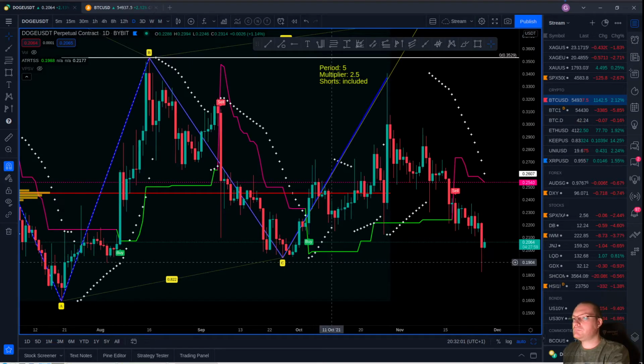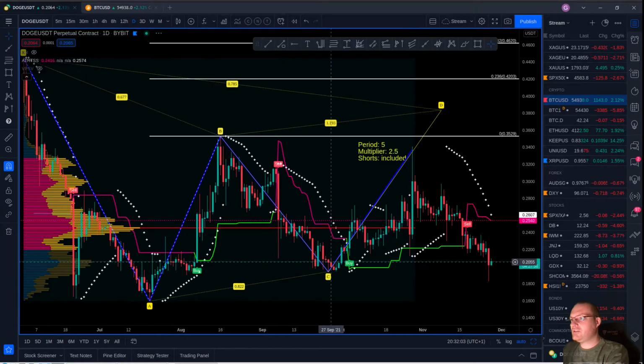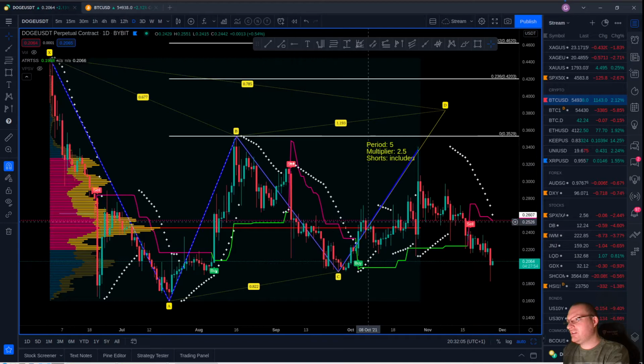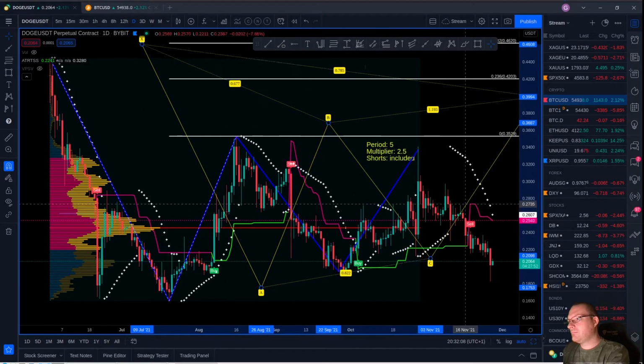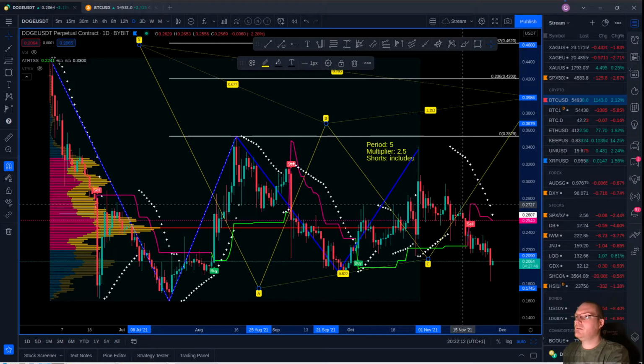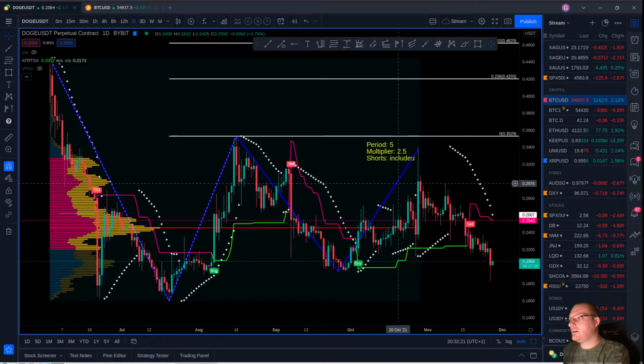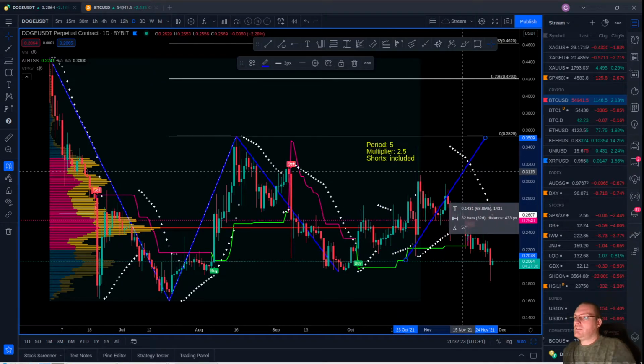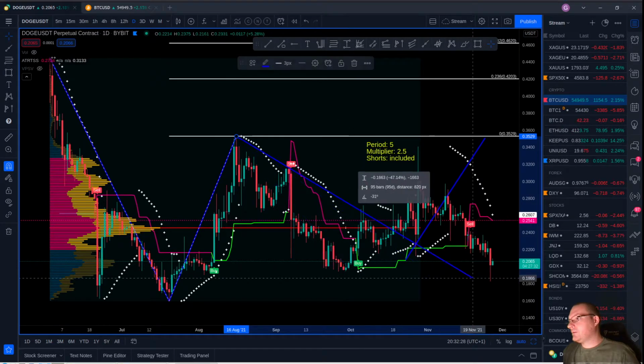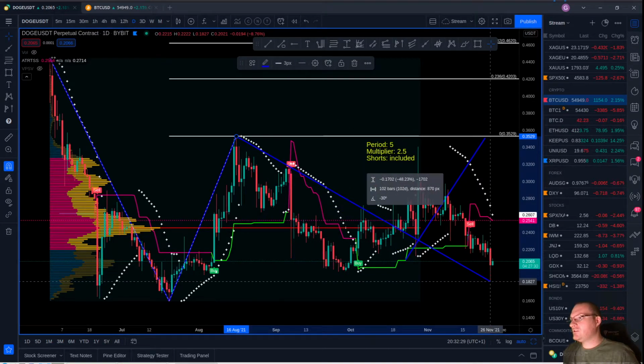But we are still compressing. Oh, here was another harmonic. Let's redo this. Yeah, that low has been taken out, so this one can also be removed. So this low comes down here, which is still higher than the previous low.